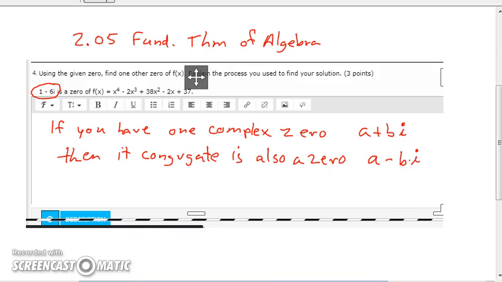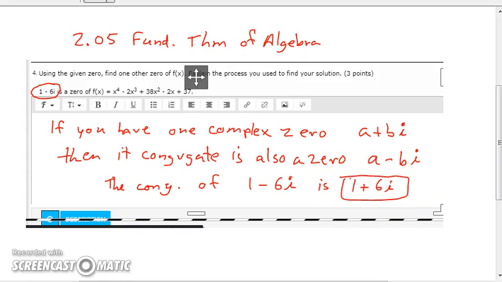So if a plus bi is a 0, then a minus bi is also a 0. So in this case, the conjugate of 1 minus 6i is going to be 1 plus 6i.